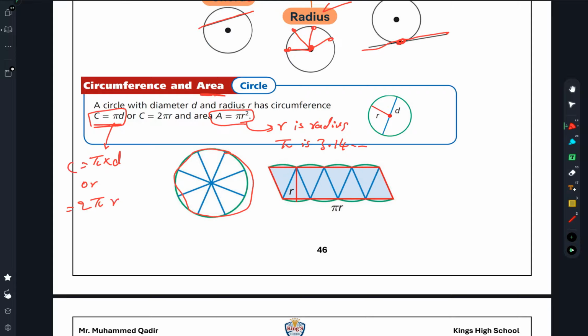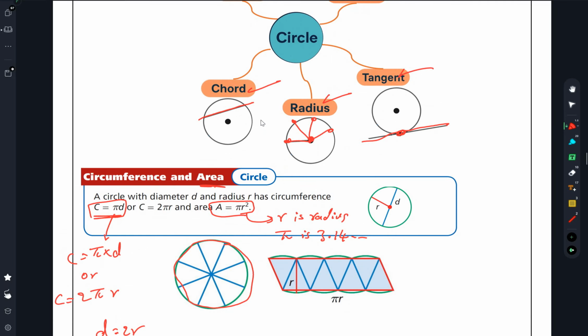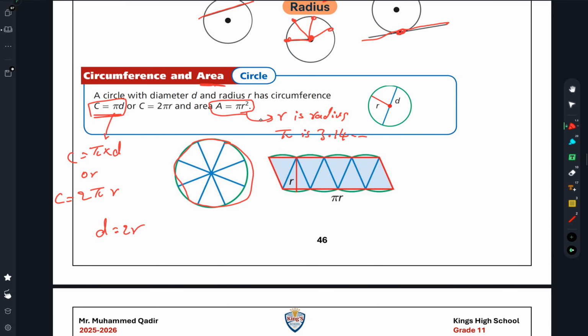Both of them are equal to C. 2 pi r is the same as pi times d because d equals 2r. The diameter is double the radius. If we have a circle, this is the center, until here is r. If you continue, there is another r, so both of them make the diameter. So 2r equals the diameter.